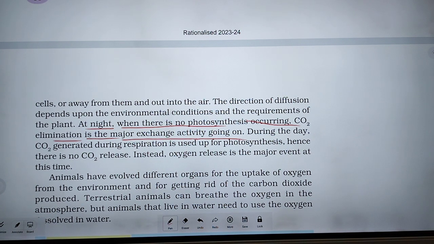At night there is no photosynthesis, because photosynthesis occurs only during the day with the help of sunlight.